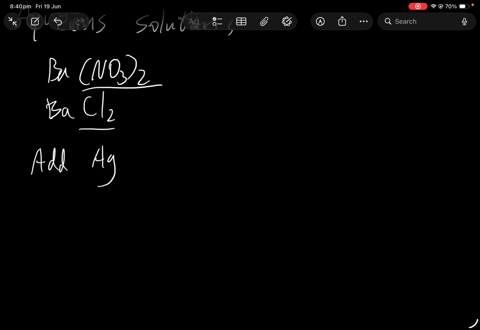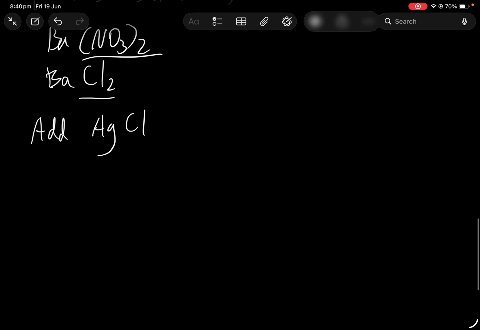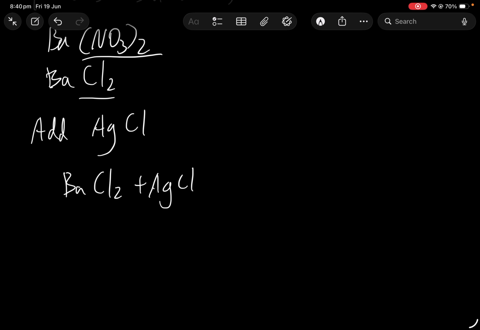Ag is silver. If I add silver nitrate, it'll create the same nitrate and make it easier. So barium becomes barium nitrate, and silver becomes silver chloride.